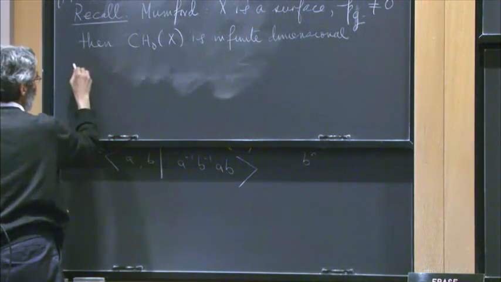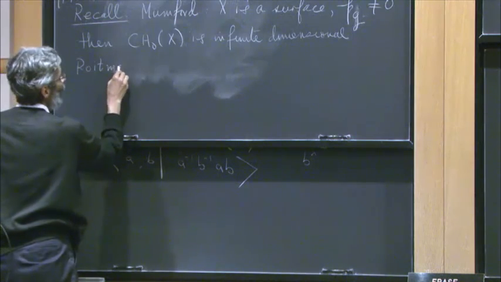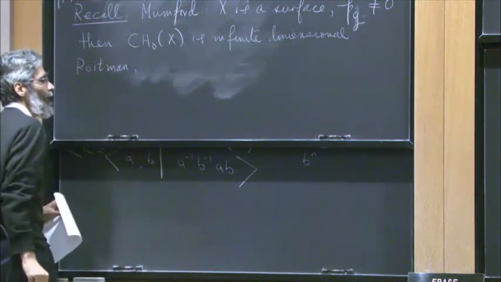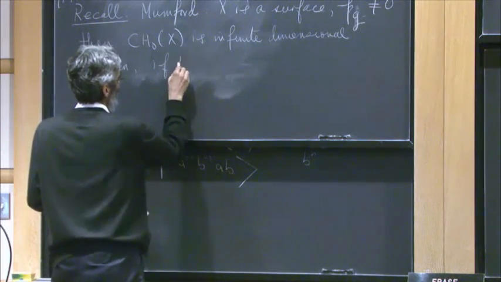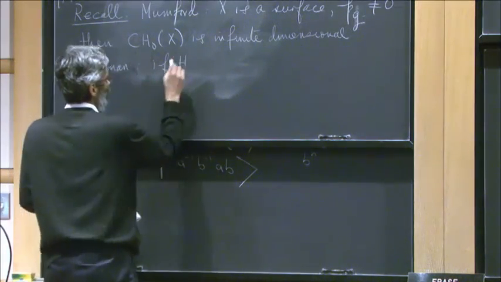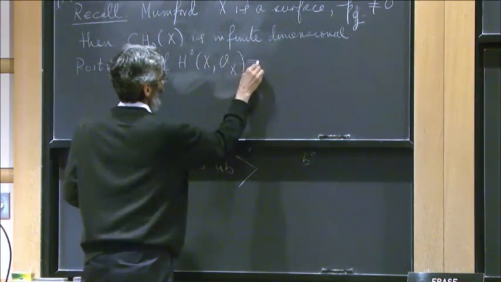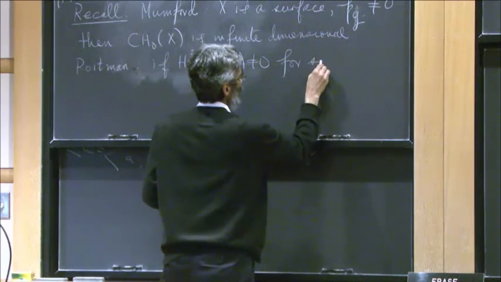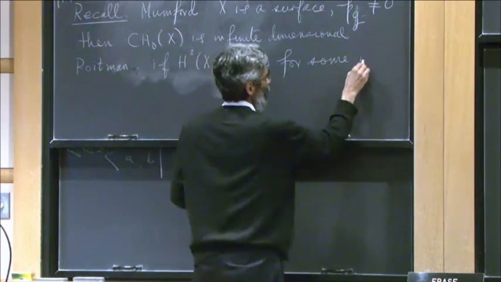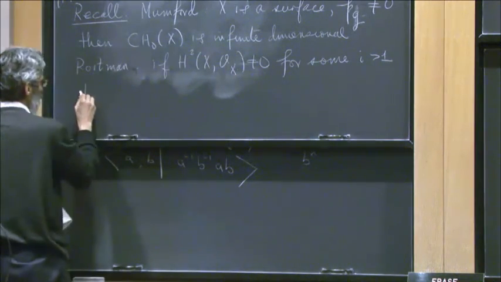It was generalized by Roitman, who showed that even if X has higher dimension, if H^i(X, O_X) is not equal to 0 for some i greater than 1, then the same conclusion holds.